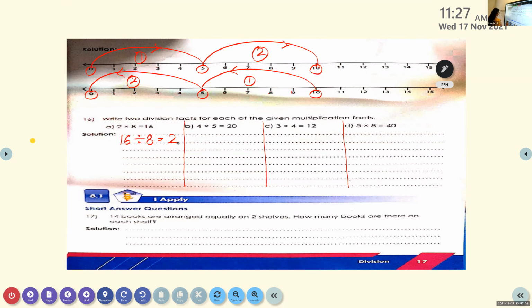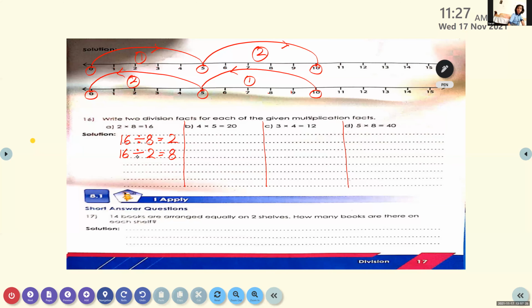Good, Jodha. Now, next one, Sarah. Next division fact. 16 divided by 2 is equal to 8. Good. 16, the biggest number that is to be divided will come first and the other numbers have to interchange.